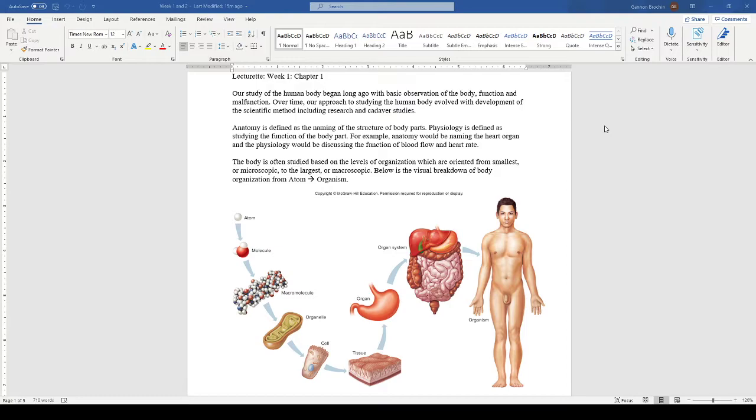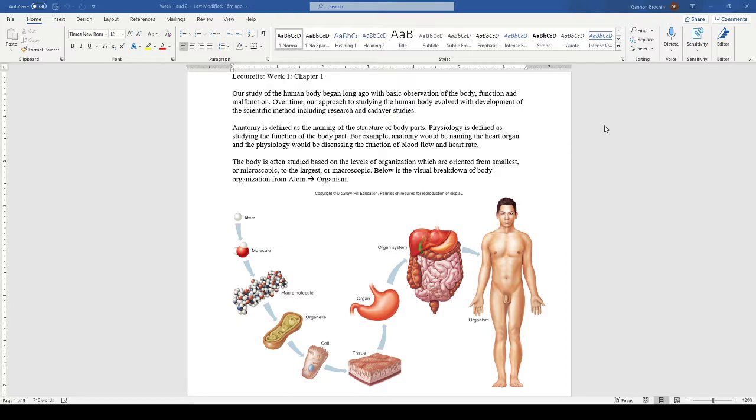Okay, and before we really start to dive into the specifics of things, we have to start at a sub microscopic level, at an atomic level. So really, you can think of anatomy and physiology as being a branch of biology, right? Well, everything in biology is made up of chemical reactions, essentially.